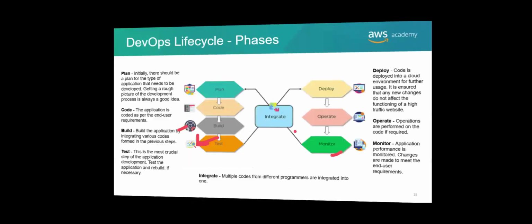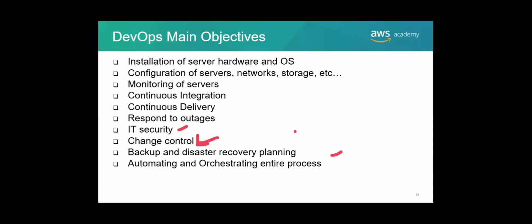Mainly we look at DevOps and other cloud units for backup and disaster recovery. Disaster means what? Something like a tsunami, a storm, or rainfall, whatever has happened. At that time I want the data to be retrieved back.